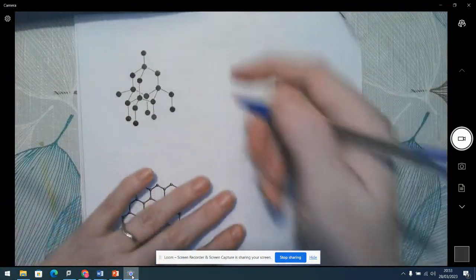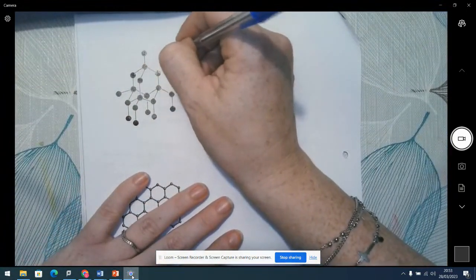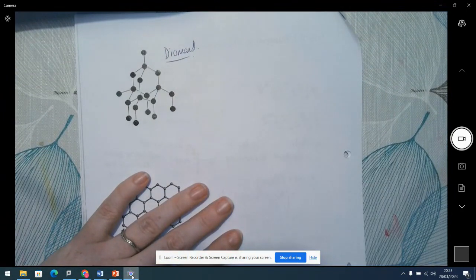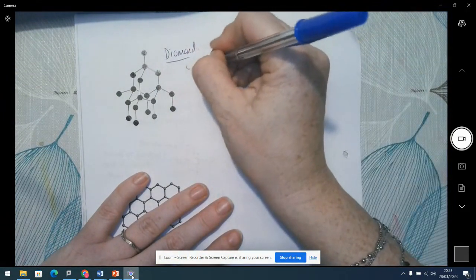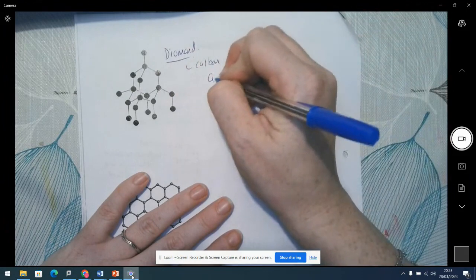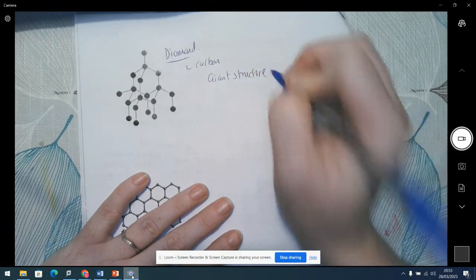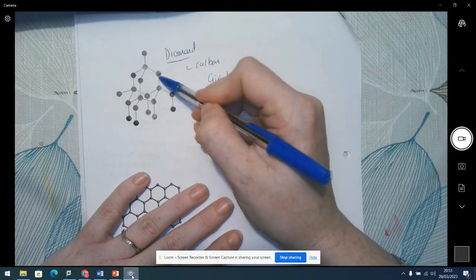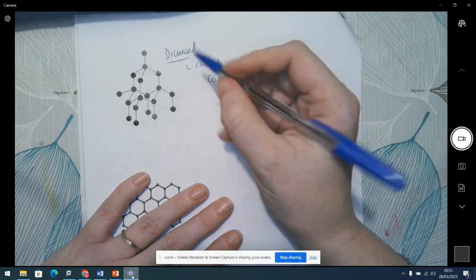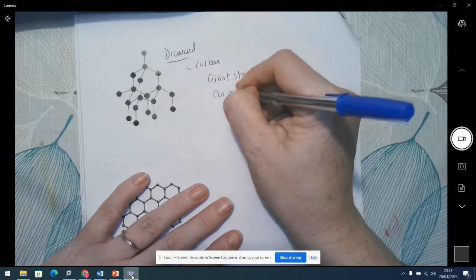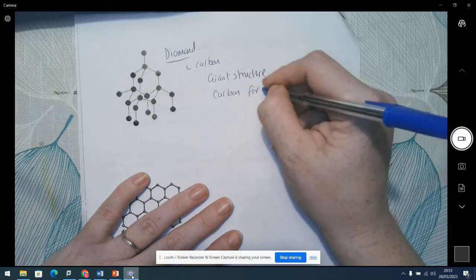Okay, and then the final structure you need to be aware of is diamond. Okay, so here is diamond, again made from carbon. Okay, it's a giant structure. And as you can see from the picture, each carbon forms 4 bonds.